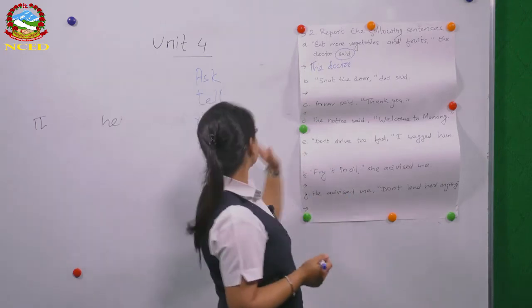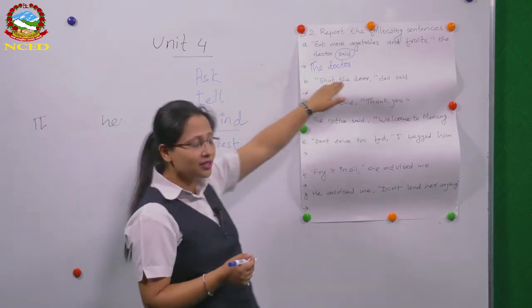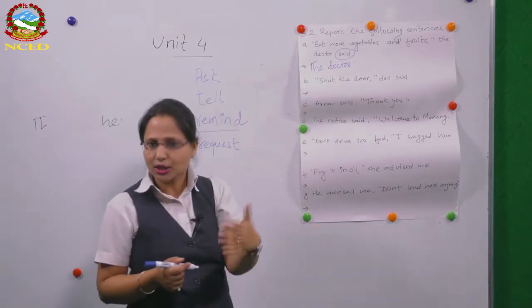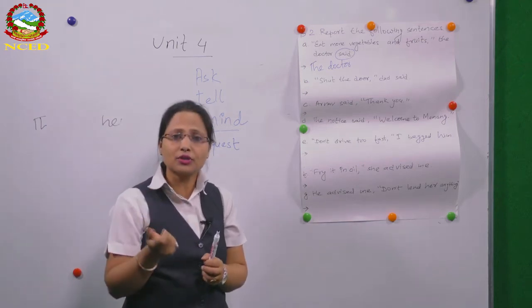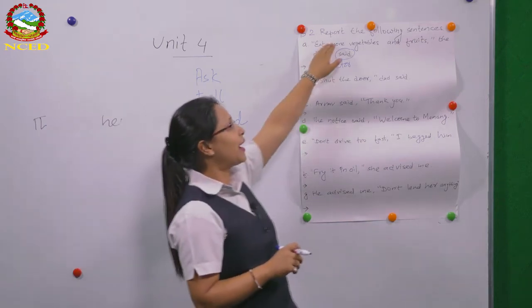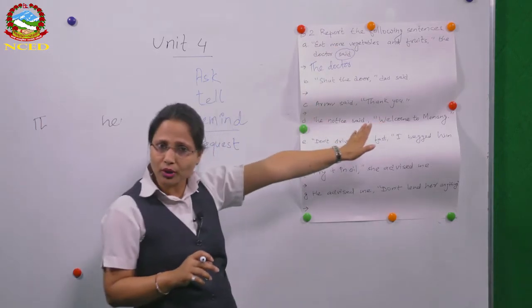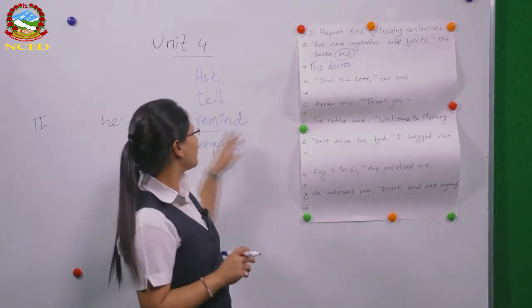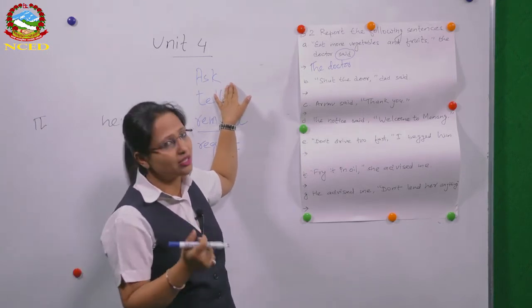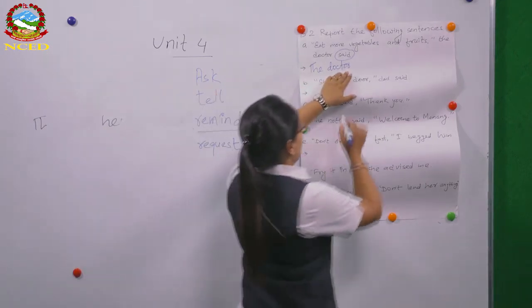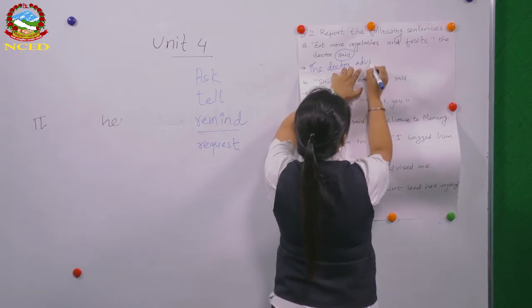So either you simply write tell or ask, or you write advise. That's up to you. But please remember, if you are confused and not sure what kind of command it is, don't worry much about it. Simply write tell or ask. So that will make your sentence correct. Alright? Here we can write advised.